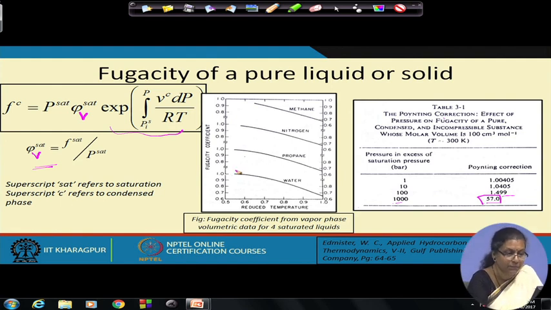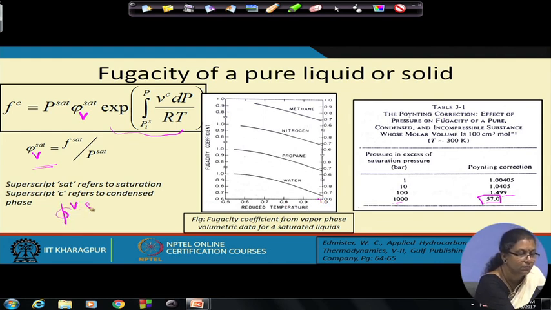So, this implies there are two things which are important. One is phi V saturated, which differs considerably from unity as the critical temperature is approached. Under this condition we cannot neglect phi V saturated. The other thing is that phi V saturated is always less than 1.